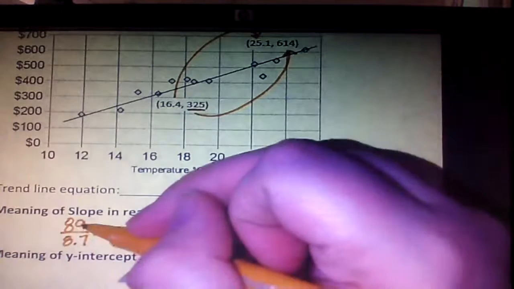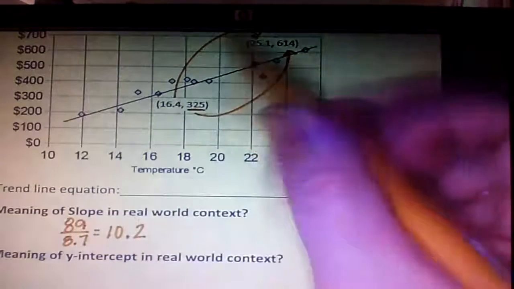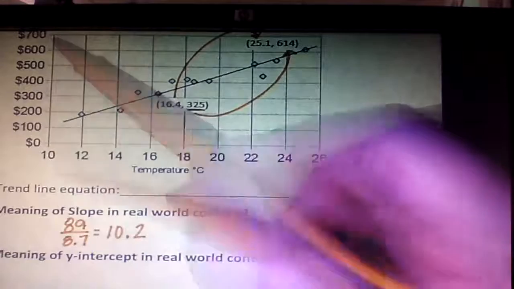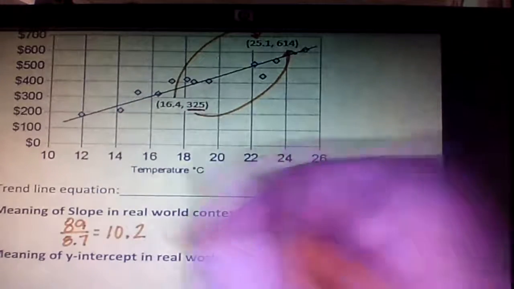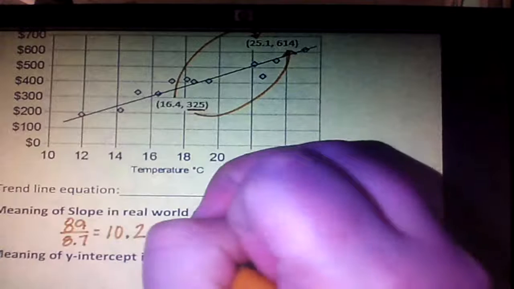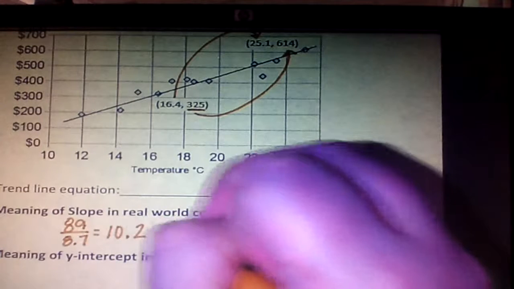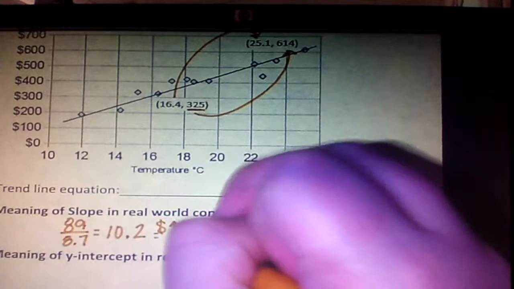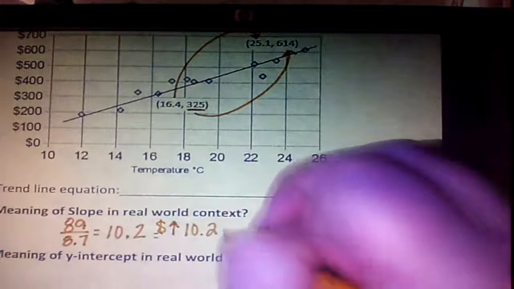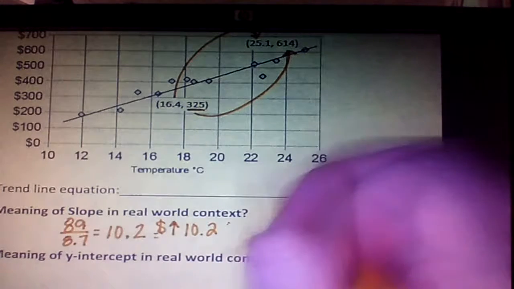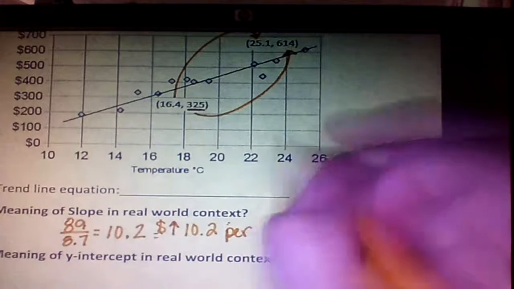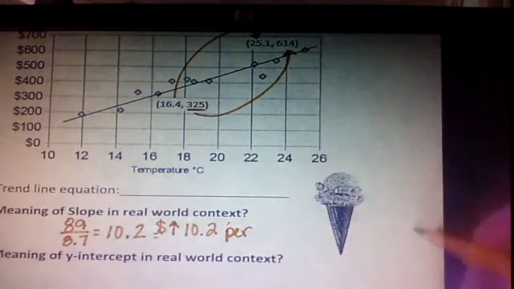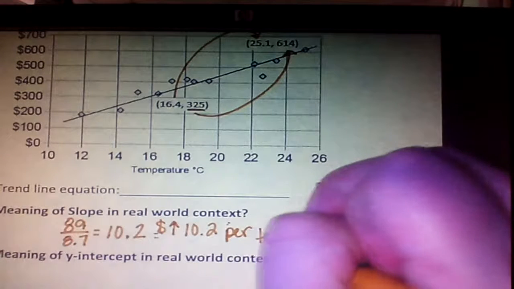So 89 is your money. Okay. 89 is your money. It's your change in Y. So my money increases. So the money increases by 10.2 per, what does X represent? Temp in Celsius.